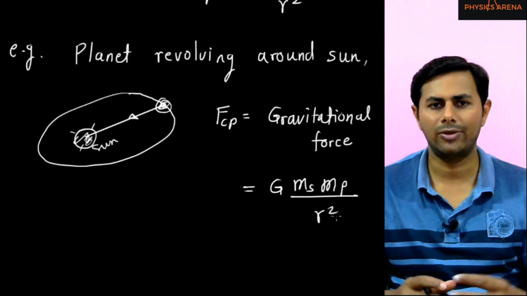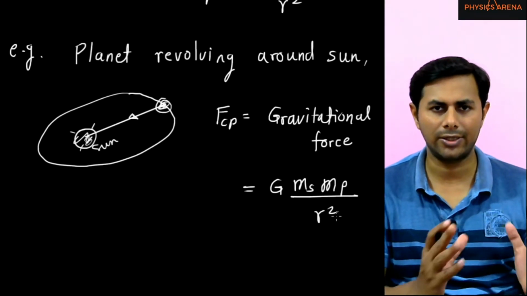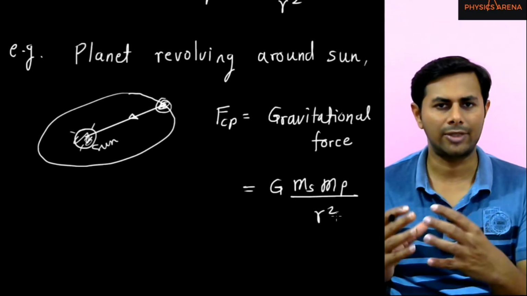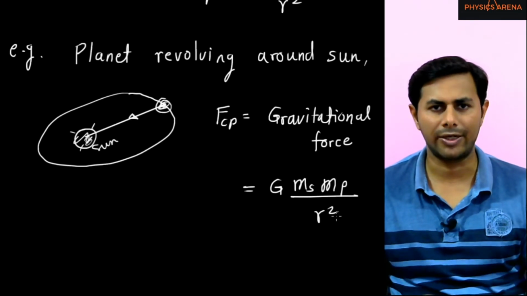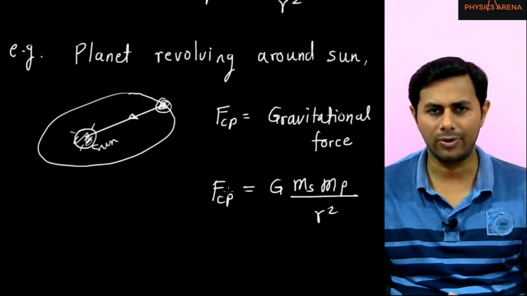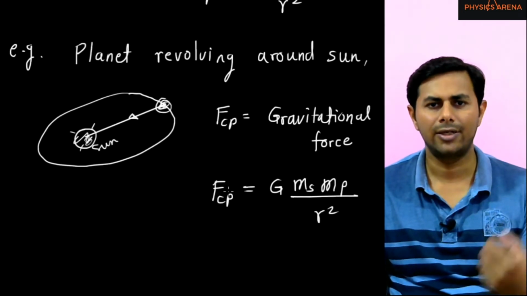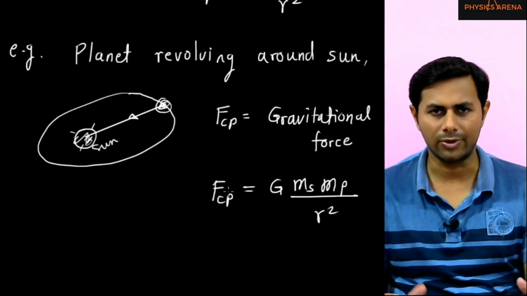So gravitational force between two bodies is equal to G multiplied by mass of first body multiplied by mass of second body divided by r squared. So this is the centripetal force acting on a planet revolving around the sun. The gravitational force provides the centripetal force.